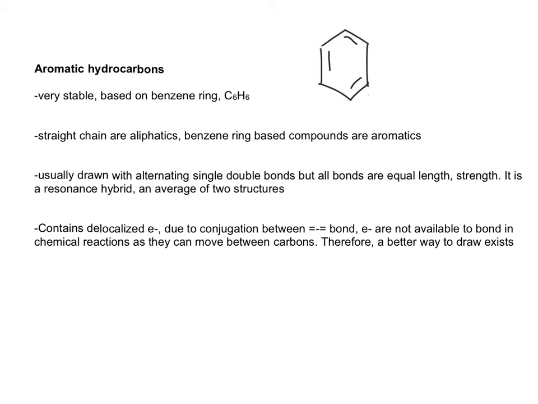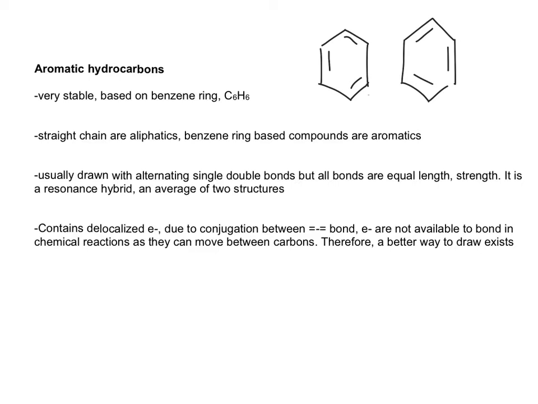And technically you could draw it with the double bonds in a different place where the single bonds were. But what we do know is all of these bond lengths are exactly the same. And so we know it's not actually alternating single and double bonds, because single bonds and double bonds have different bond lengths.